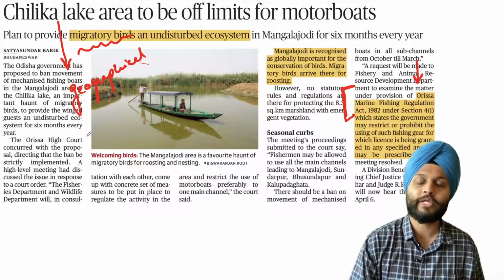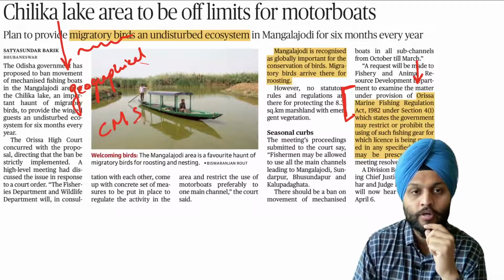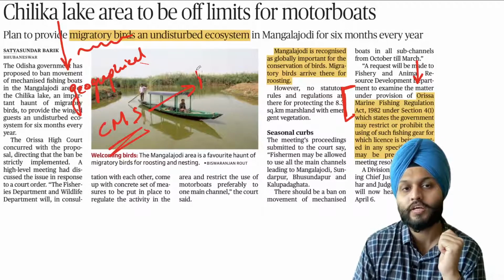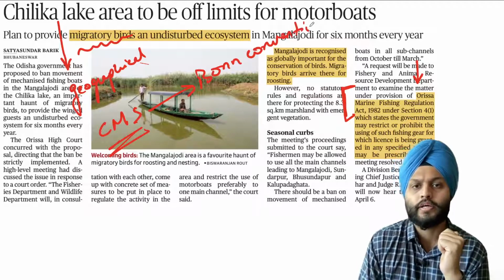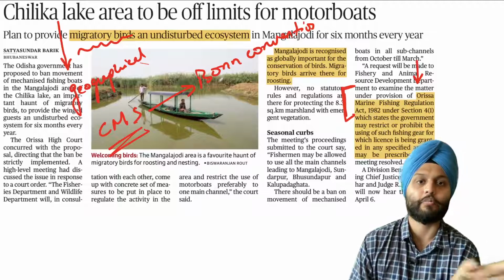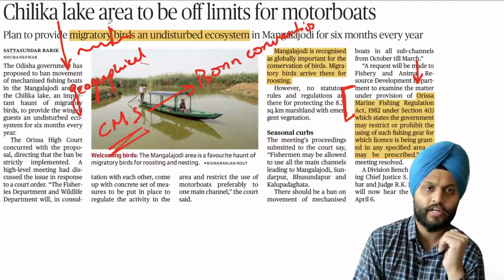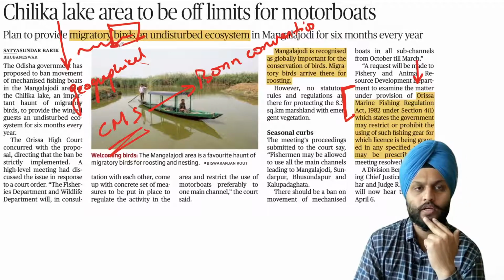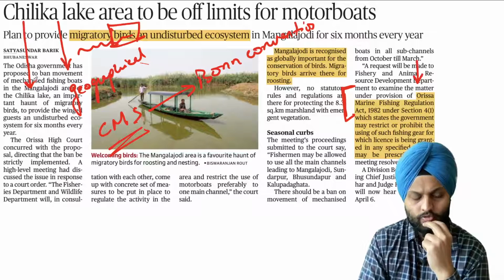And for migratory species, there is only one convention. That is Convention on Migratory Species, also known as Bonn Convention. Right. So Bonn Convention is associated with which of the following? Migratory species. So this includes everything migratory, right? Not necessarily birds.